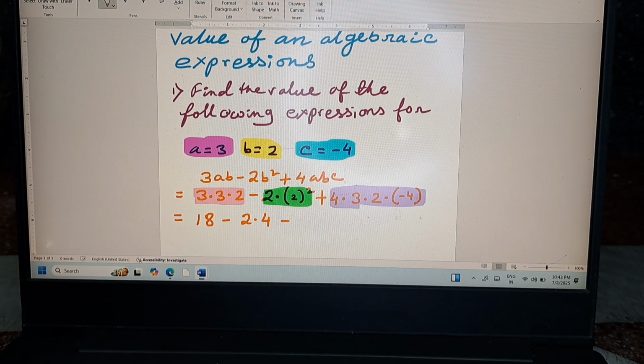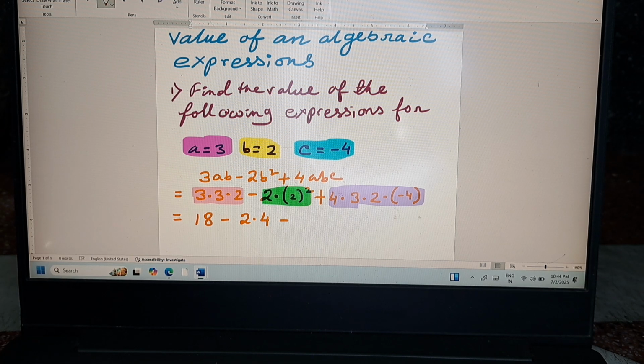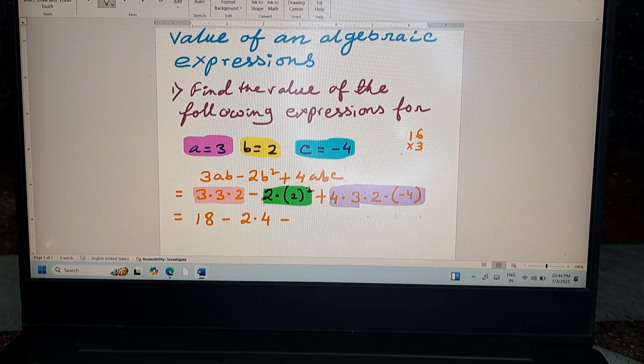Now over here, we can see the signs plus and minus. When we multiply, plus minus becomes minus. So minus 4 4s are 16, 16 3s are, if you don't know the multiplication, you can do it over here, that is 48 multiplied by 2, the result is 96.